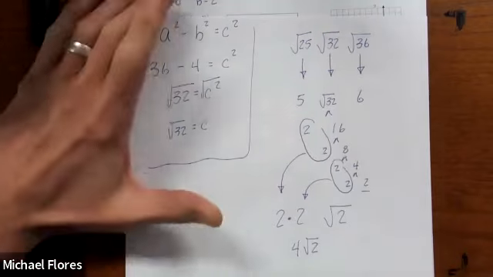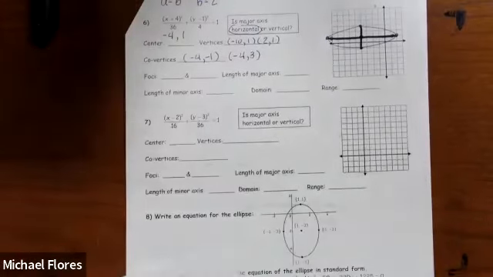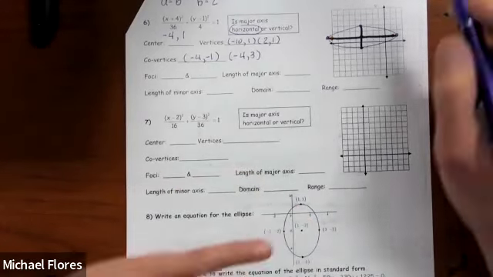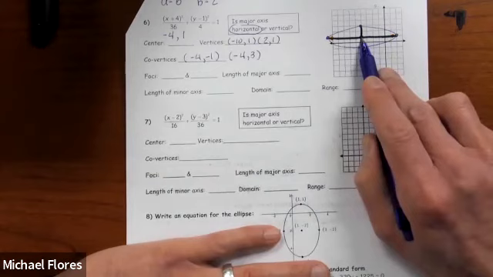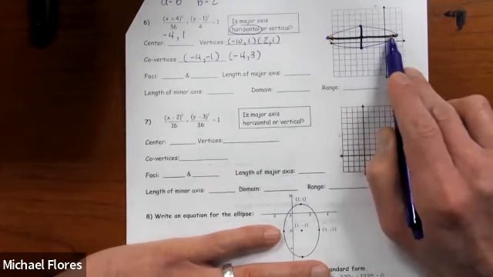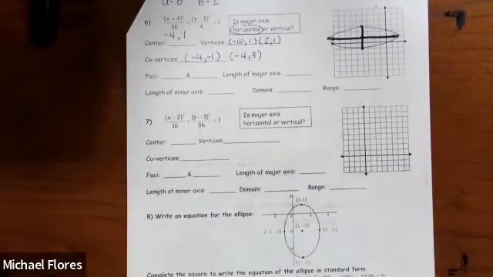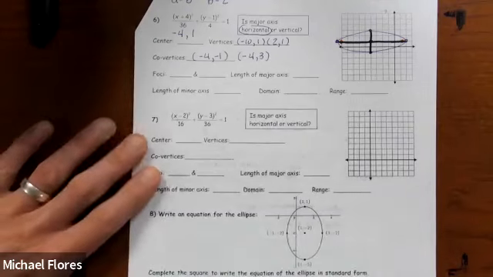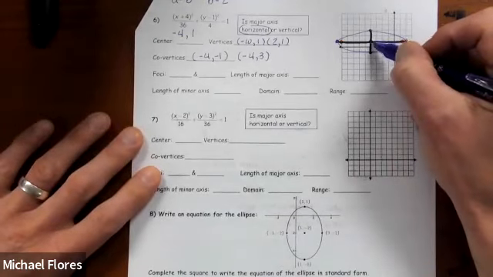Now that is not our answer. That's part of our answer, but that's not our answer. So this is where these get a little complicated. Our focus is the distance from here to here. Since the focus resides on the x-axis, we're going to start with, well, what is the x value of our center?